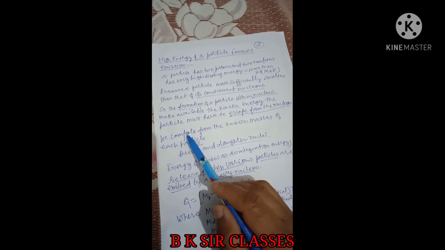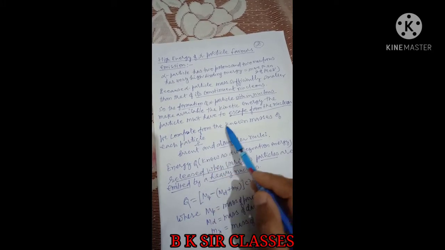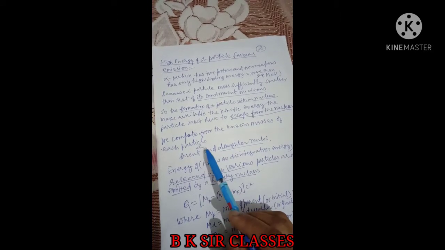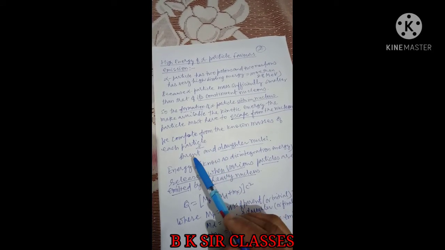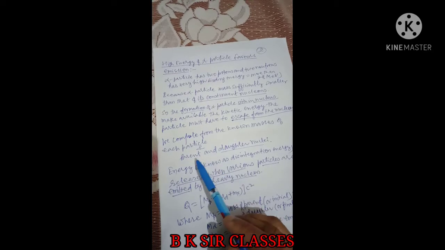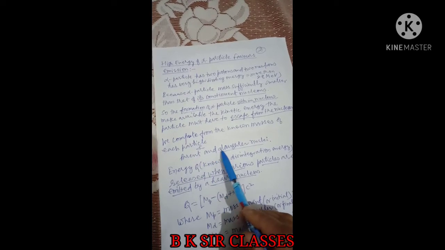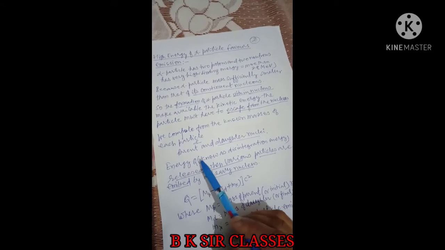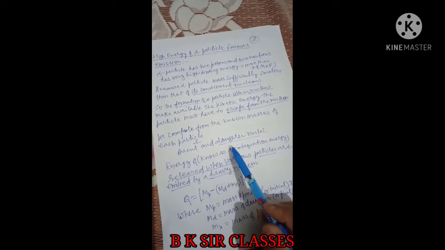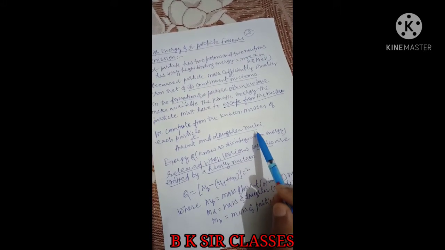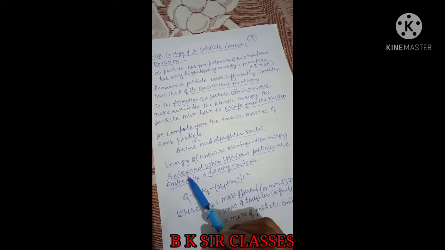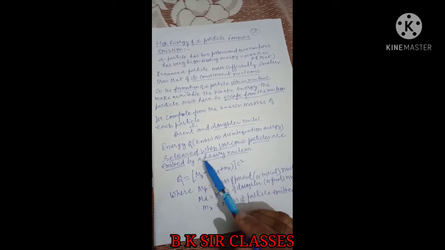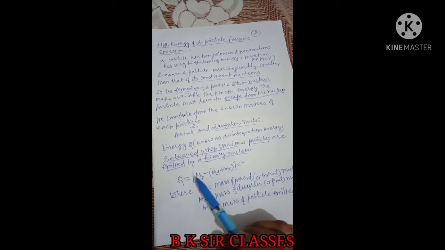If we want to compute using the known masses of each particle, we will have to arrange the parent and daughter nuclei. The energy Q indicates the disintegration energy. This is released when various particles are emitted by heavy nuclei.